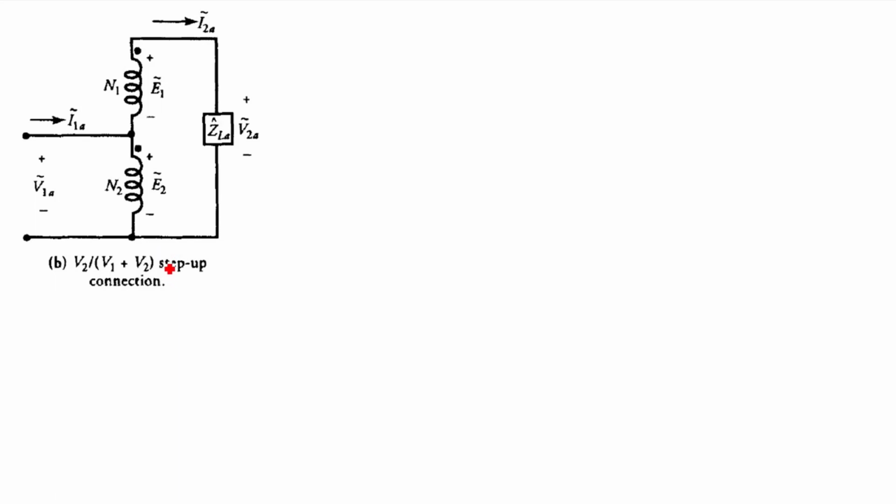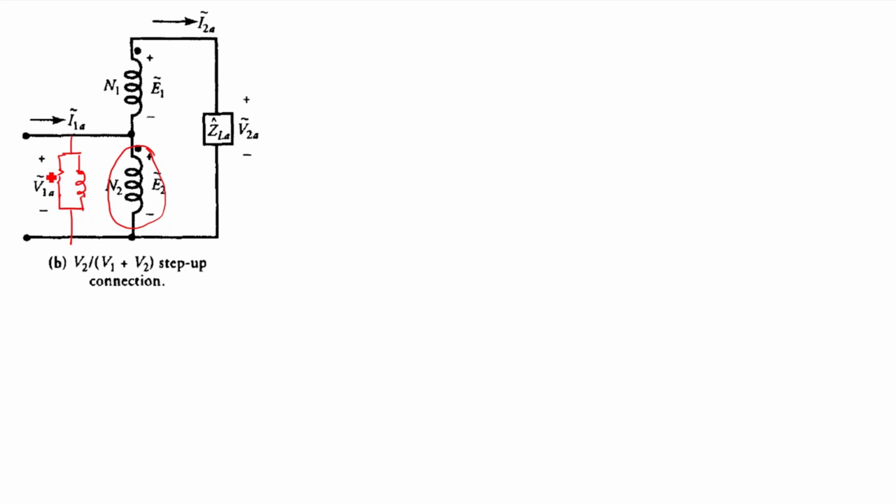This is the configuration of V2 by V1 plus V2, the step up configuration. In this configuration, we can see that N2 is your common winding. So I can draw here the non-ideality of core loss component and magnetizing reactance in the common winding, right?